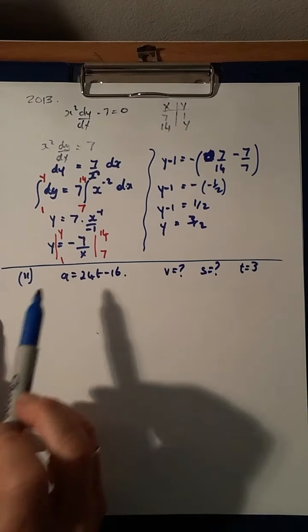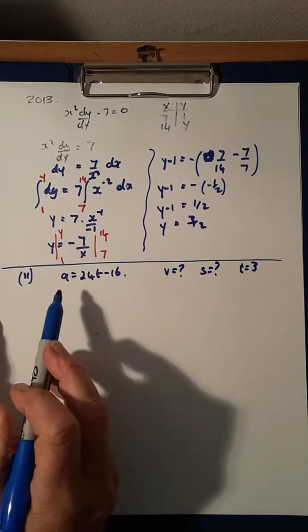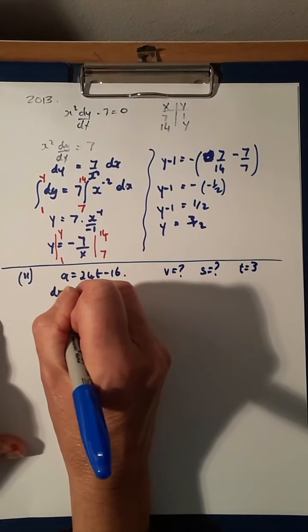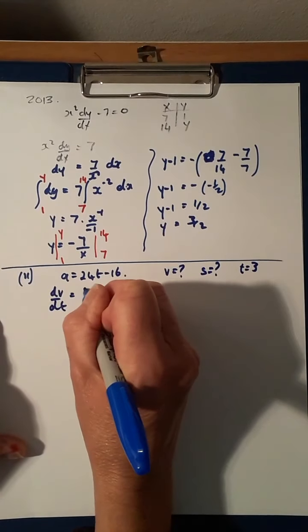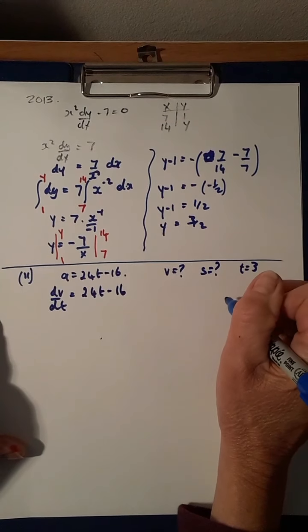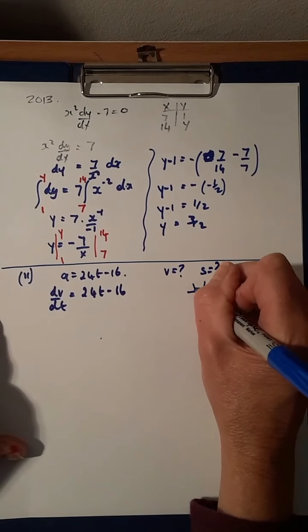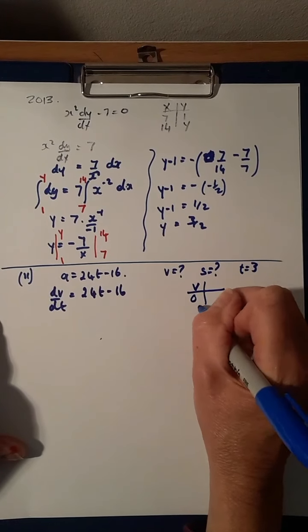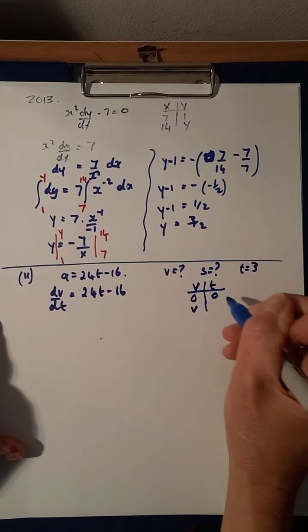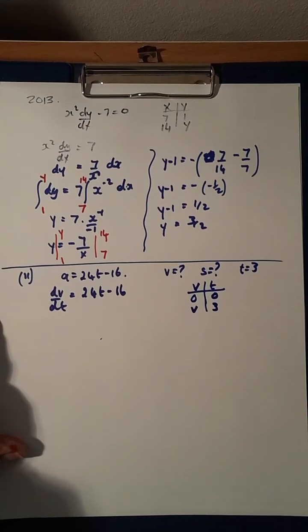Okay, so to find velocity, I'll change this a into dv dt equals 24t minus 16. My limits are, find v when 3 seconds have passed, starting at rest at time t equals 0, find velocity when t is equal to 3.